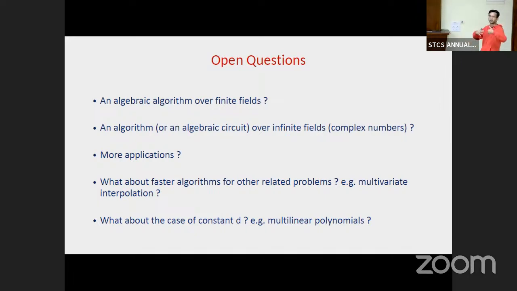You can also think of the inverse problem, where we are given evaluations of a multivariate polynomial at a bunch of points and want to find the coefficient vector of some polynomial that explains these evaluations. We don't know how to do that fast. The case of constant D is pretty intriguing, since our algorithms are not merely linear time there. That's an interesting case, so it'd be great to have it.